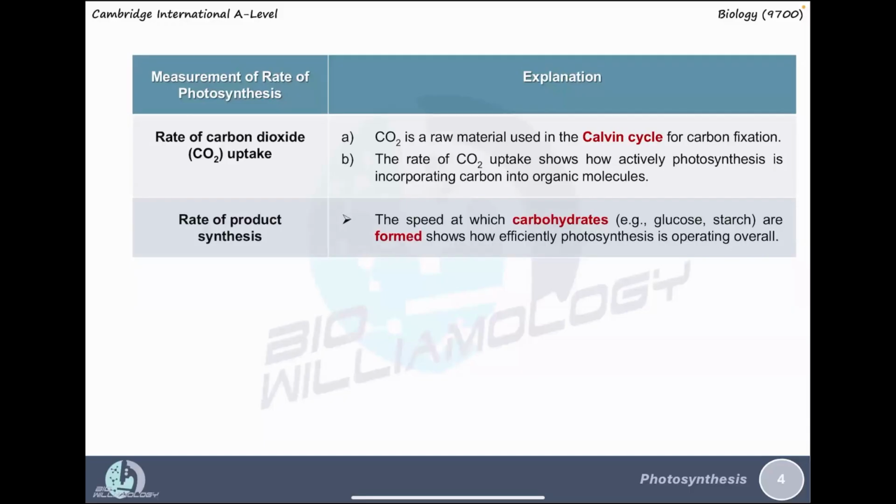Third, we can measure the rate of product synthesis, because the speed at which carbohydrates are formed shows how efficiently photosynthesis is operating in general.